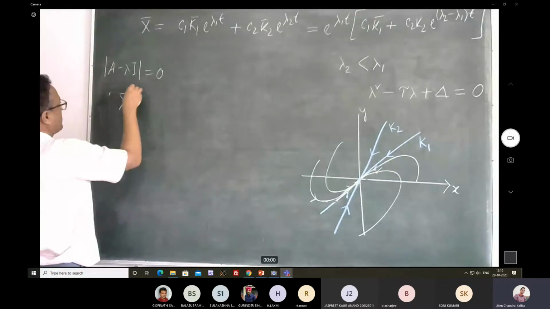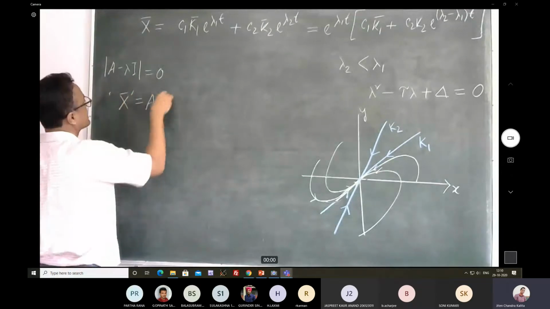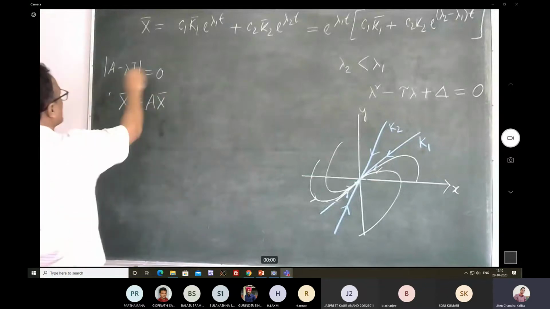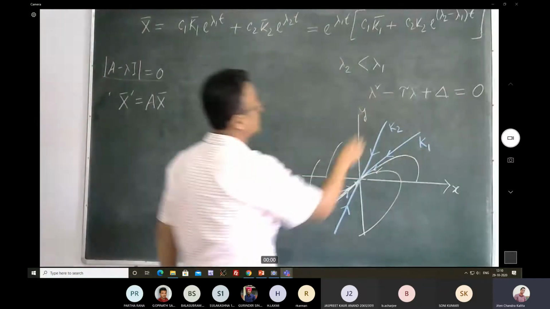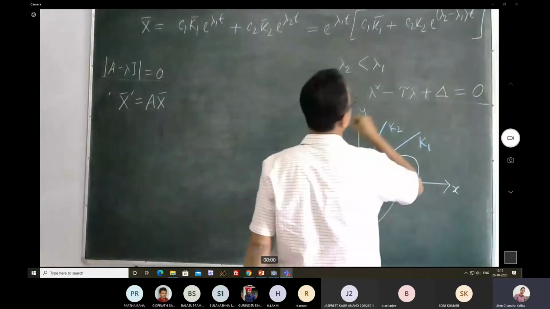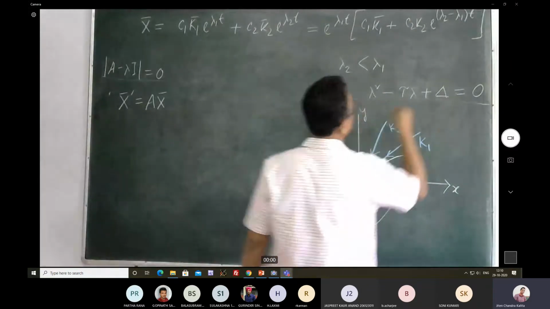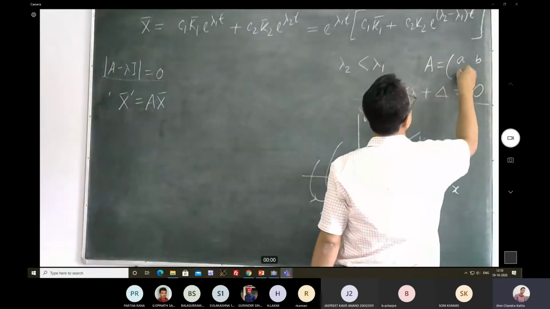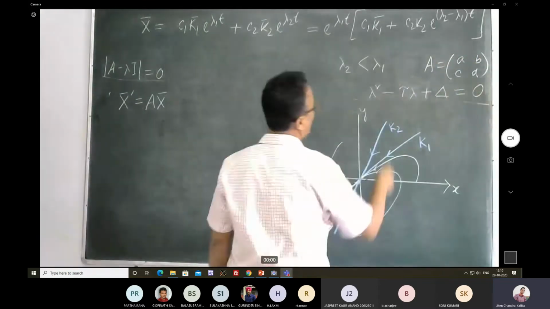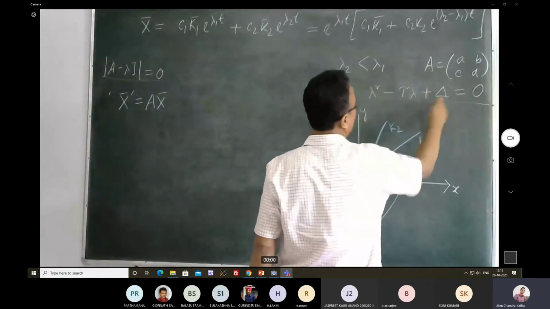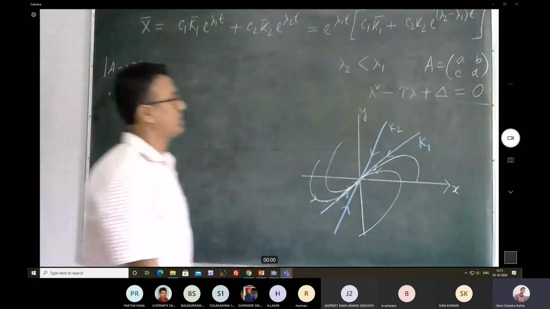Of course, we are still considering a linear system of equations, given by this, and this characteristic equation is nothing but this equation, as you can see. I had assumed that my matrix A is given by a, b, c, d, and here tau is the trace of this matrix, and delta is the determinant of the matrix A.